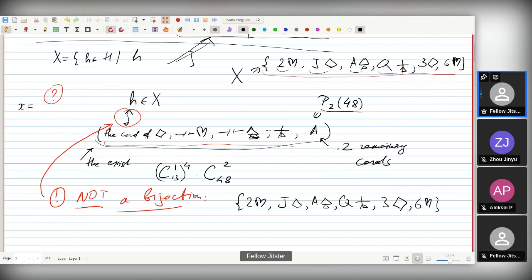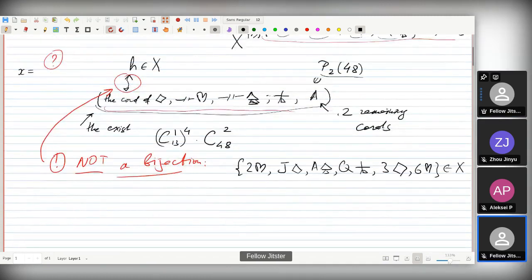It is a hand from our set of interest. Do you agree? But look, it corresponds to at least 2 tuples of this kind.